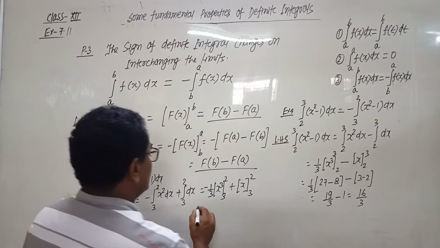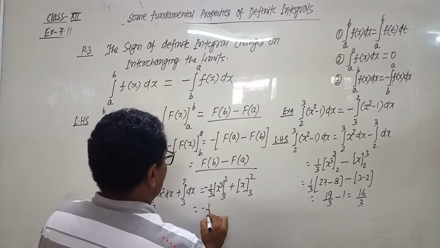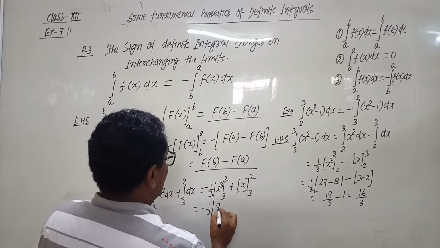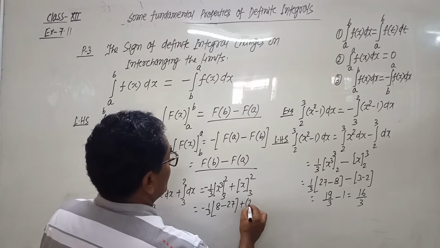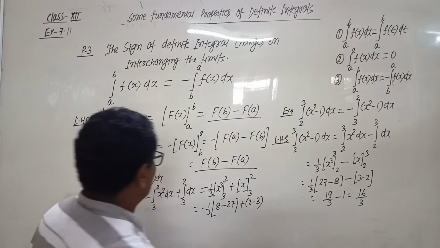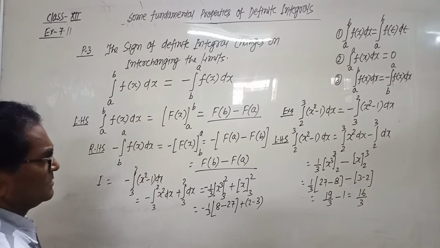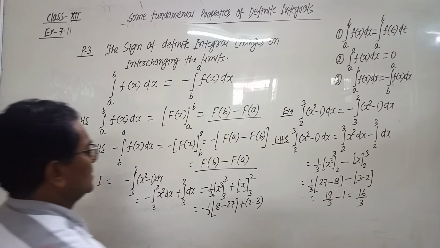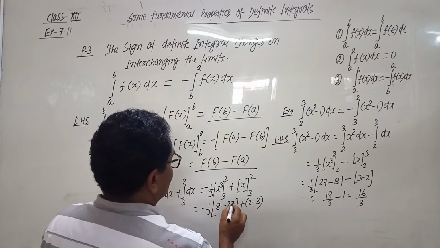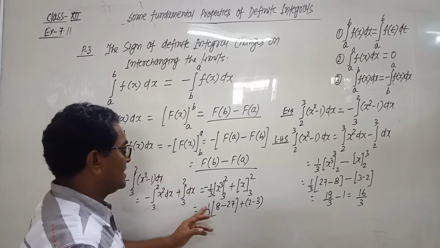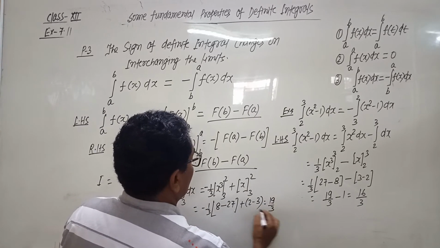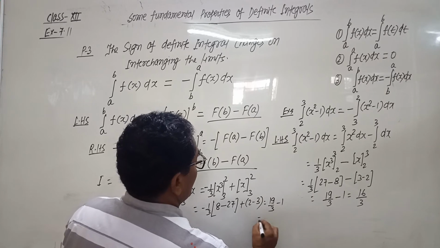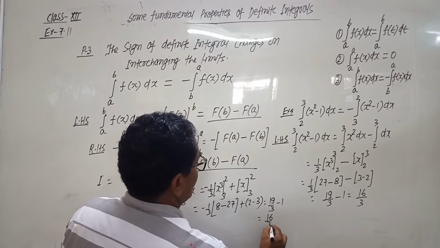Now put the limit. So minus 1 by 3, 2 the cube 8, 3 the cube 27 and plus 2 minus 3. So 8 minus 27 is minus 19, and minus times minus gives plus 19 by 3, and this is minus 1 and we get 16 by 3.